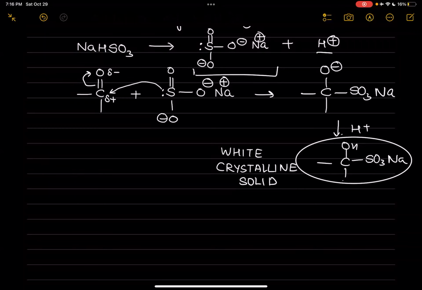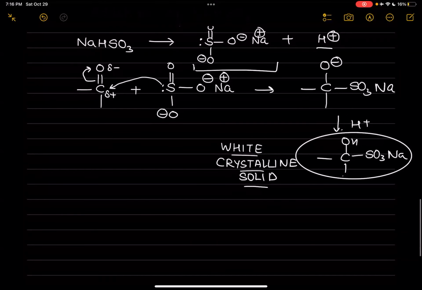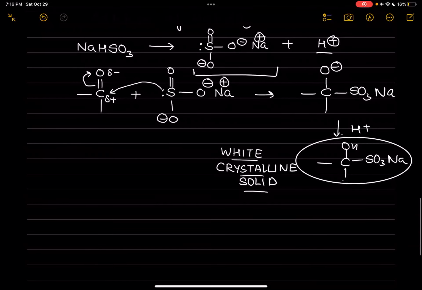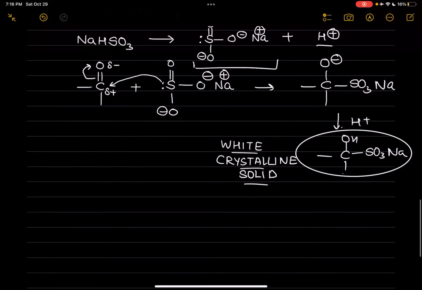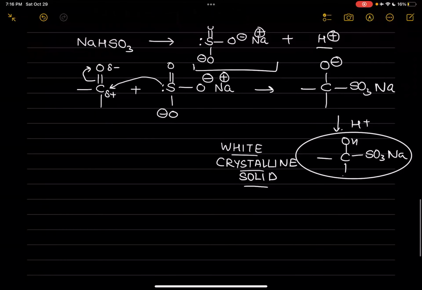How will you know that the reaction is completed? You will see this white crystalline solid being formed. Yes, sir. I hope you understood this. So this is the main reason how the reaction is going to take place.